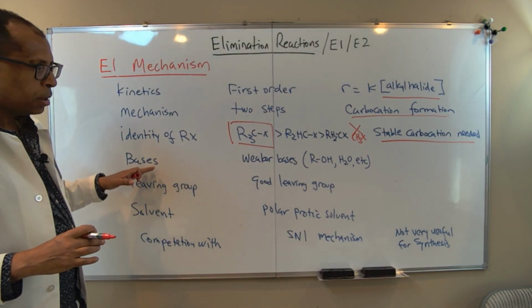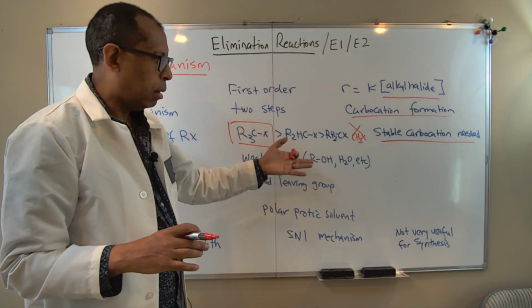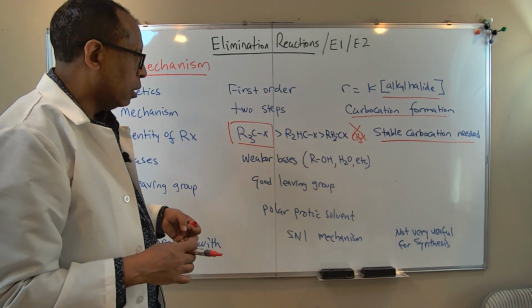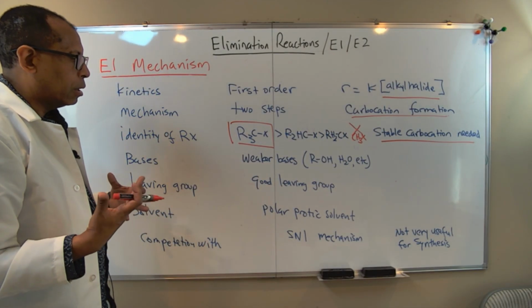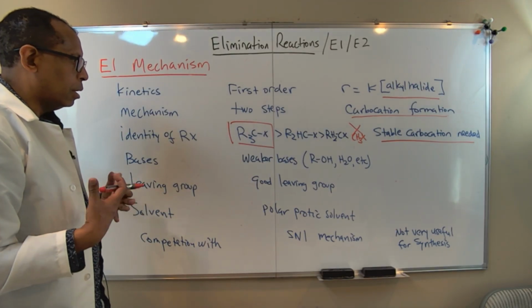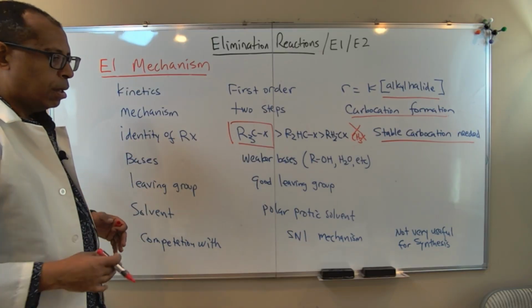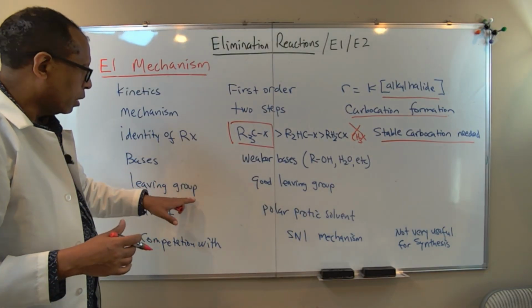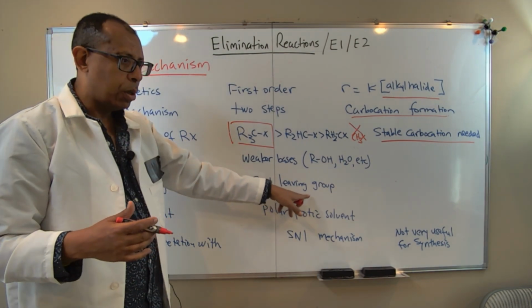As far as bases are concerned, weaker bases like alcohol, neutral ones, water, very neutral, electron donating, or that can abstract hydrogen easily from the carbocation, are sufficient. So it requires only weaker bases. As far as leaving group, obviously the carbocation forms if you have a good leaving group.